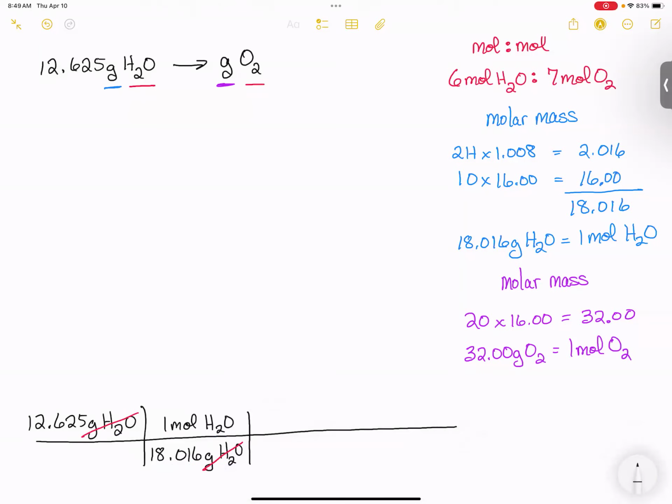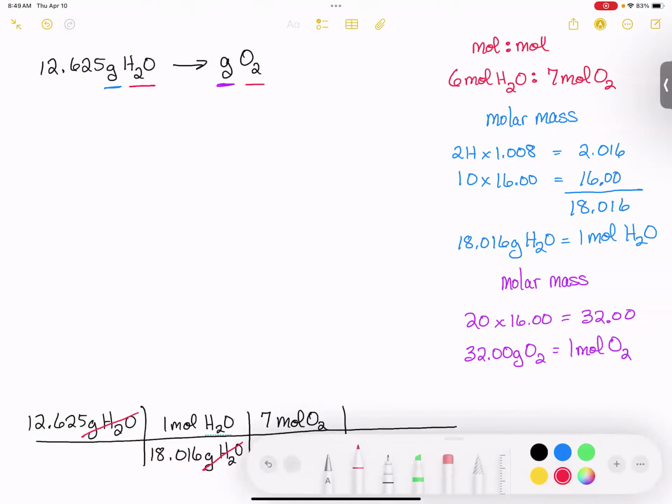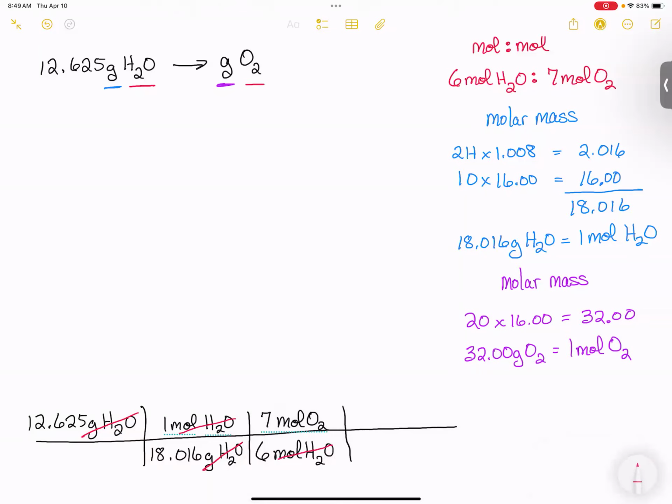Now we're going to convert the moles of water into moles of oxygen. We're going to do so using the mole-to-mole ratio, which says that there are 6 moles of water formed for every 7 moles of oxygen used. We place the moles of water from the mole-to-mole ratio in the denominator so that the unit and the substance can cancel, leaving moles of oxygen.